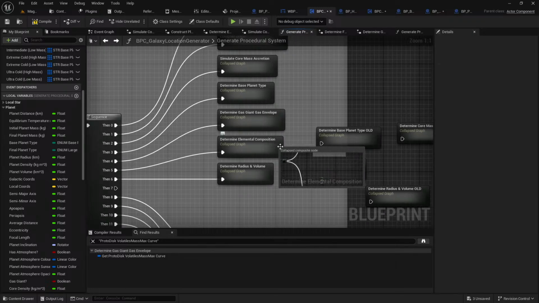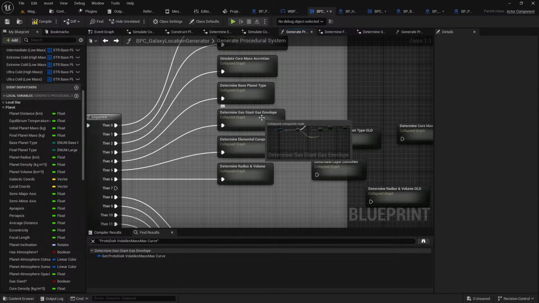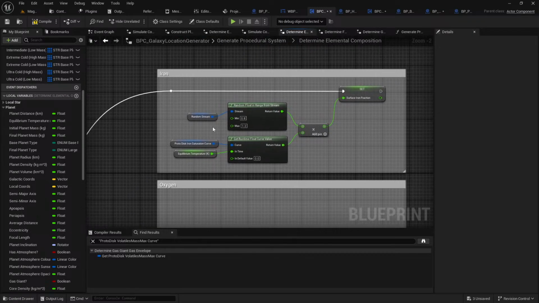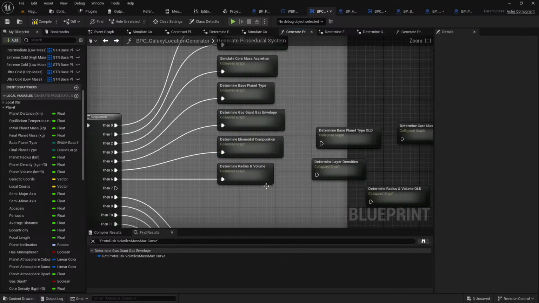Right, so we have our final masses. We've then got our iron fraction.